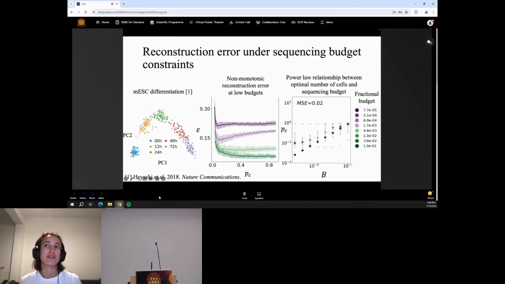By approximating the reconstruction error using the dominant error of the linear fits of the individual read and cell reconstruction errors that we saw before, we find that there is a parallel relationship between the optimal cell sampling probability and the sequencing budget. Our approximations are marked here in black stars for each budget. So both estimates demonstrate that the optimal number of cells increases with the sequencing budget following a parallel relationship.